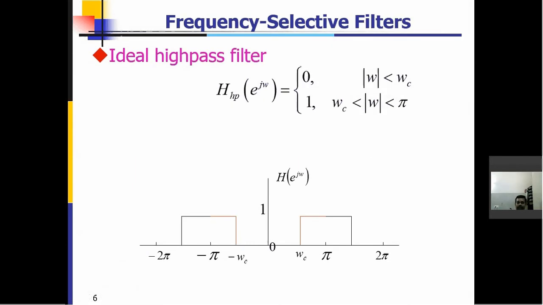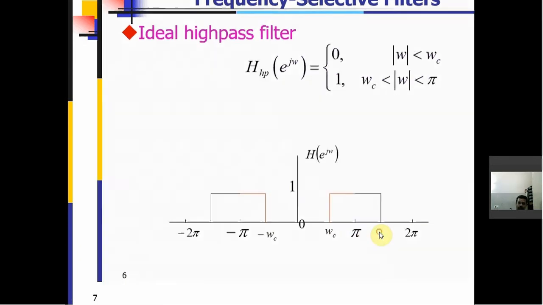H of e to the power j omega is equal to 0 for omega less than omega c, and H of e to the power j omega is equal to 1 for omega greater than omega c and less than pi. So this high pass filter has an amplitude of 1 from omega c to pi.